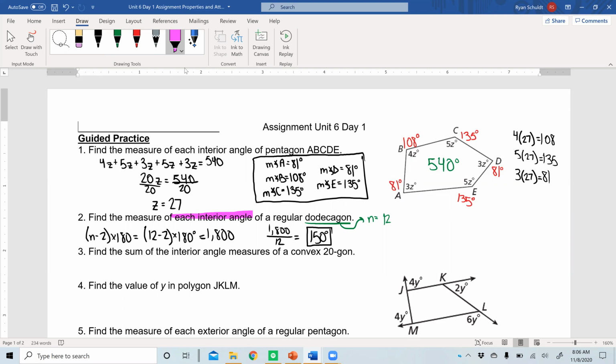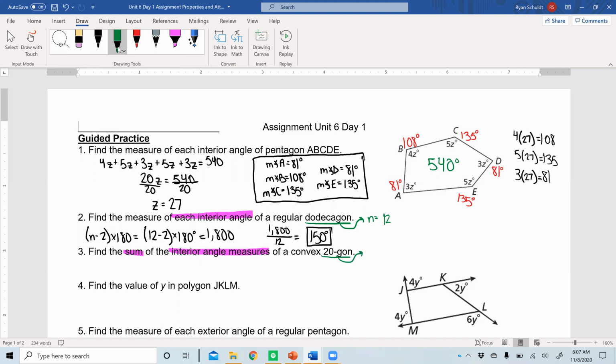Okay, 30. Wow, we went far. We went all the way to 30. Don't know how though, because the assignment stops at 26. Find the sum of the interior angle measures. So all it's asking for is sum of a convex 20-gon.